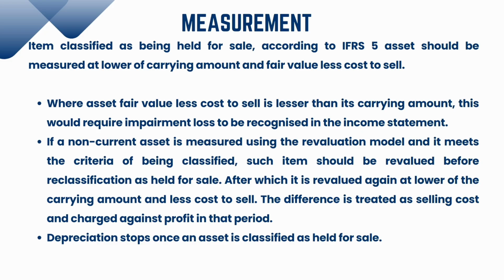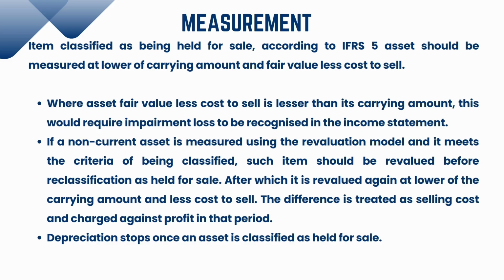So maybe in the first year it's going to depreciate as 200 naira. In the second year, another 200 naira. So now let's say we are asked to find the carrying amount of the car in the third year, right? We are going to say 1,200 minus 400 naira. So that will be 600. So it is the cost of an asset less all accumulated depreciation.